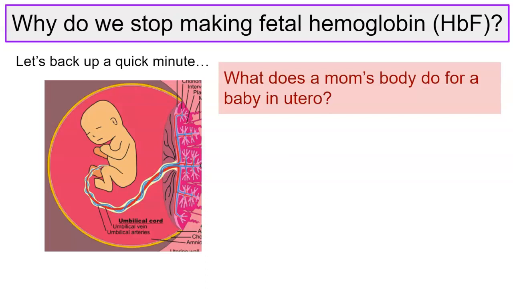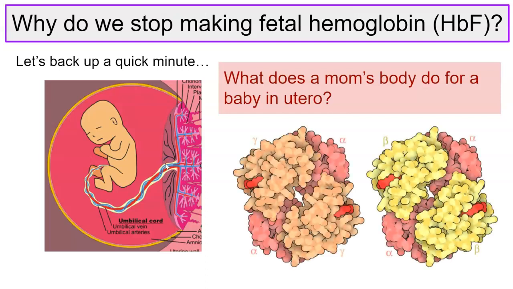But wait a minute. Does the mom want to give up that hard-earned oxygen to the baby? Not really. So that's what's going on here. When we're adults, we have the two alpha hemoglobins and these two betas as well. This is the normal adult hemoglobin. It holds oxygen, it gives up that oxygen. This is what mom's got going on right now.